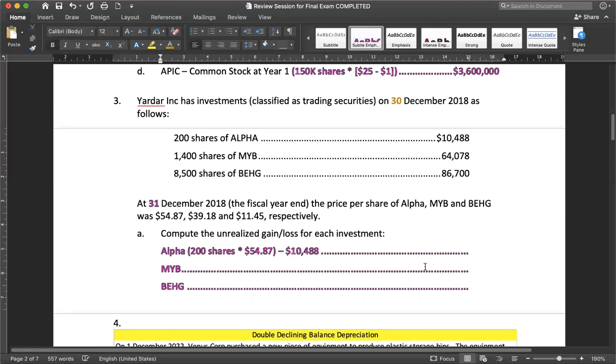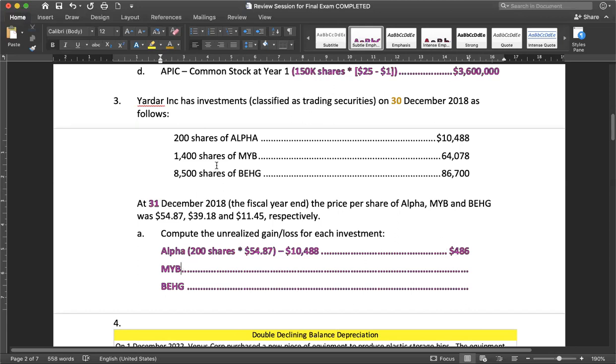So 200 shares times 54.87 is equal to $10,974. That's what it's worth. And then we're going to subtract away the cost. And so now we have $486. And this is a gain. There's a positive amount.